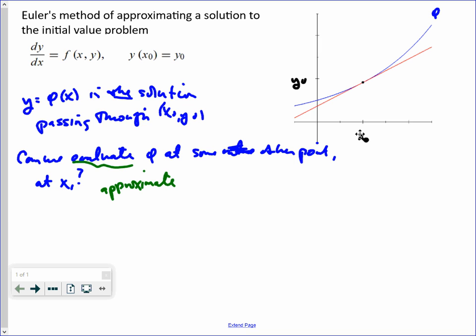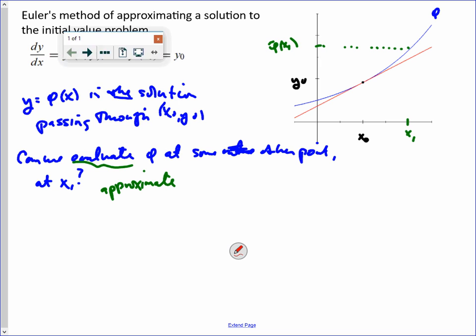So the idea is that I have some other x1 out here. And what I'd like to know is, what is the real honest to goodness value of the function at that particular spot? We don't have a formula for it, so we can't really tell. However, what I do know is what the derivative is at any particular point in the plane.